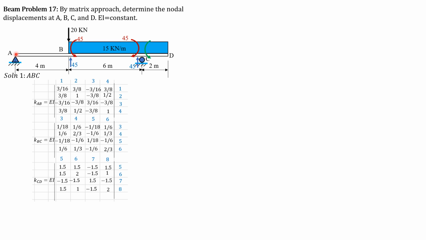So we only consider 2, 3, 4, and 6 to solve for the displacements: 2 theta A, 3 delta B, 4 theta B, and 6 theta C. The load at B, 3 is negative 20 and negative 45, negative 65, and clockwise couple negative 45, while the load at C, at 6, is 45 minus 30, which is 15, and it is counterclockwise. 45 minus 30 is 15 clockwise.